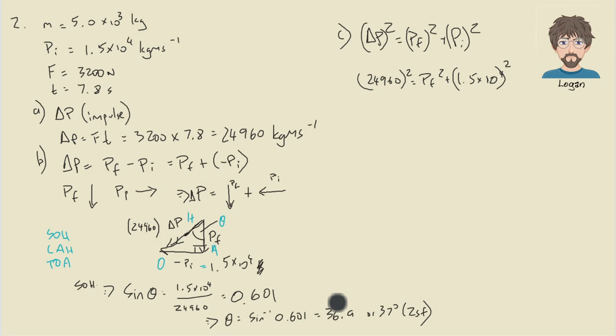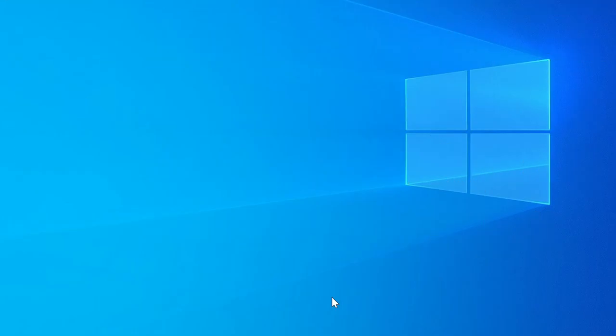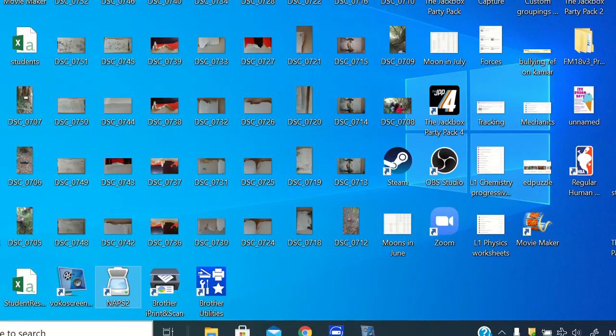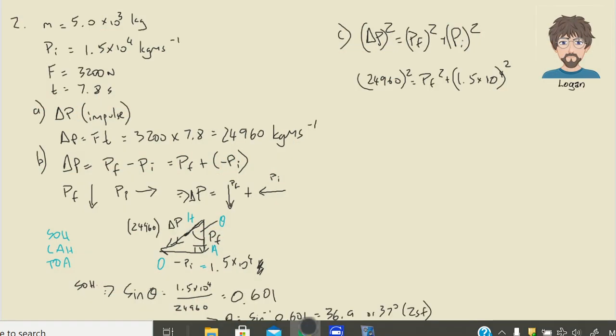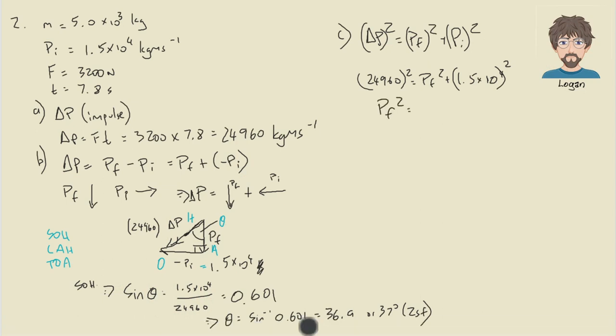Plus, and I get that, I've mucked it up. I added the two together. It wasn't very helpful there. I needed to subtract that from this, not add it. So let's just do it properly.